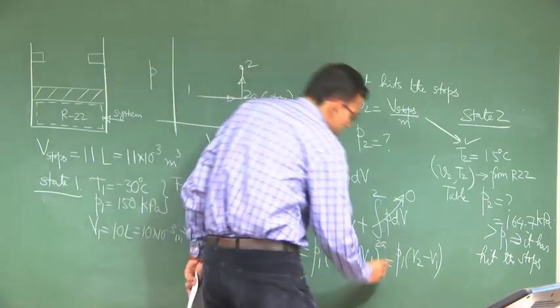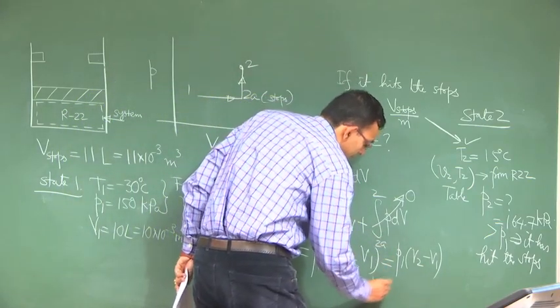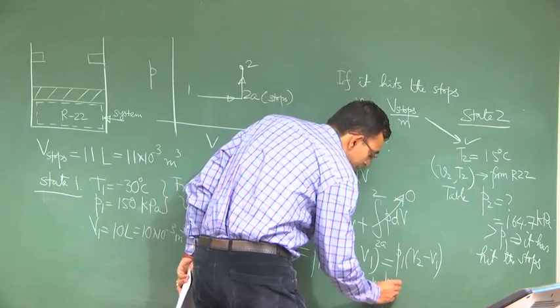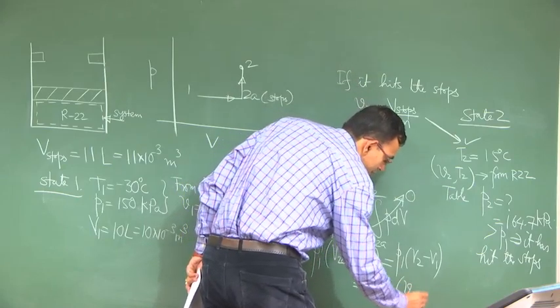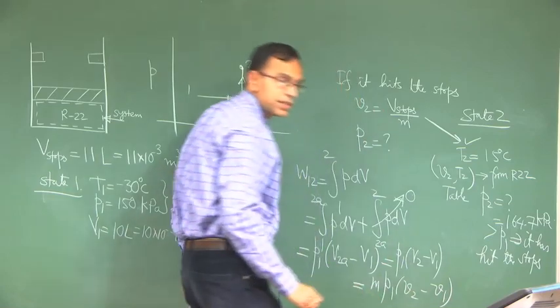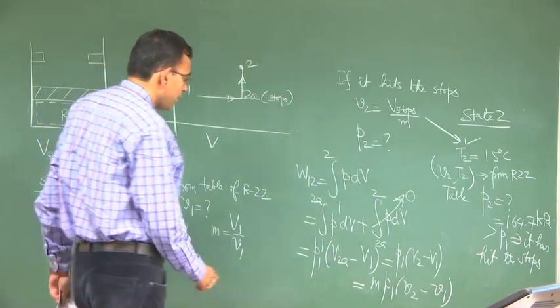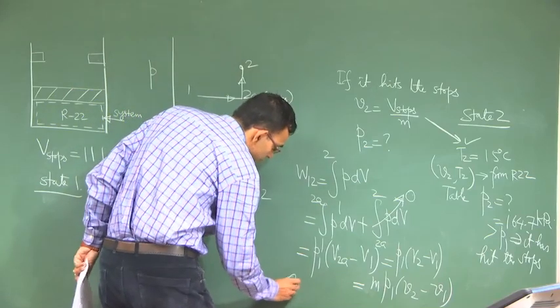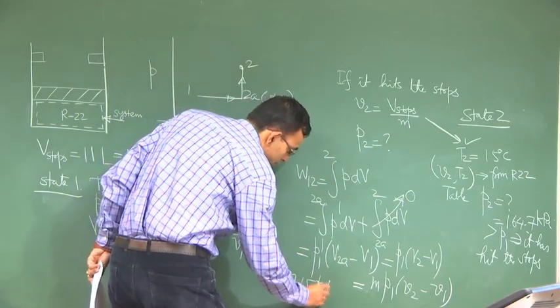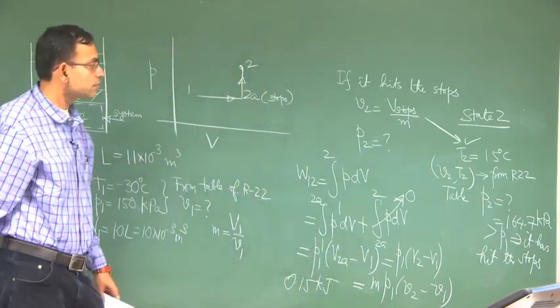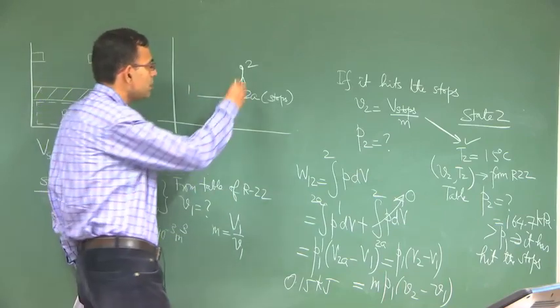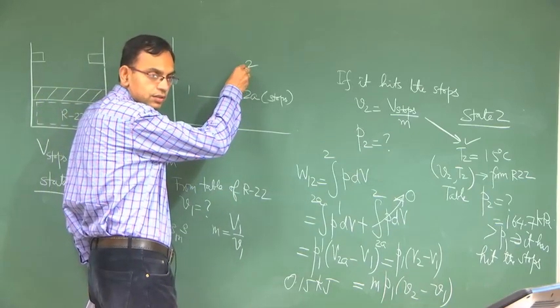By expressing this in terms of the specific volume, this comes out to be 0.15 kilojoule. The final pressure does not matter, right.